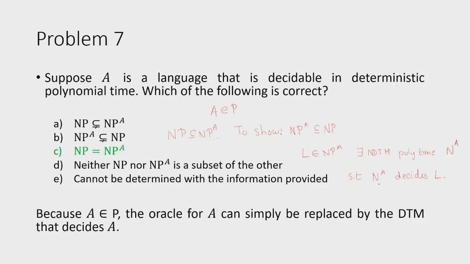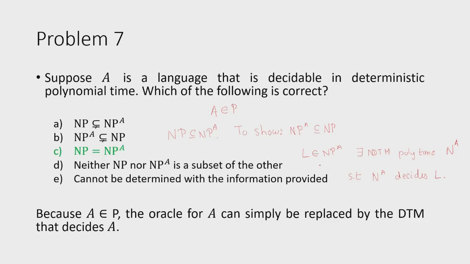Then N would be a non-deterministic Turing machine that calls a deterministic polynomial algorithm multiple times. So the overall running time of N^A, or this modified N^A where you replace the oracle with the algorithm, is still polynomial.